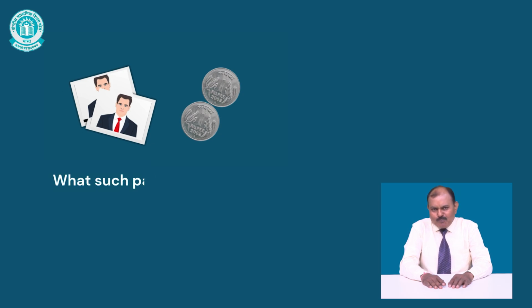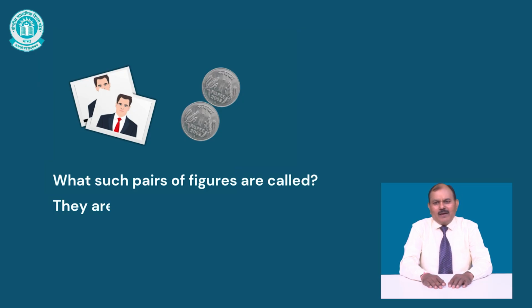What are such pairs of figures called? They are called congruent figures. Congruent means equal in all respects, or figures whose shapes and sizes are both the same.